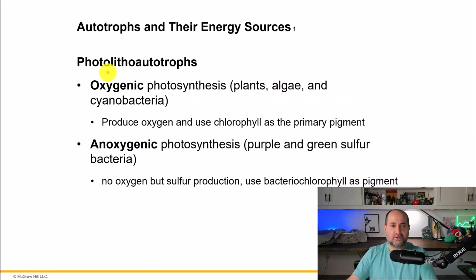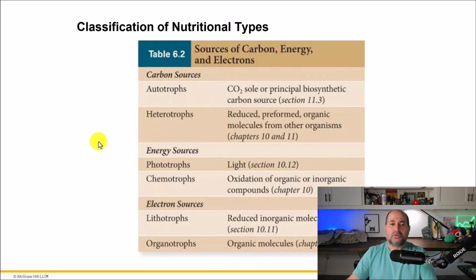A phototroph is an organism that gets its energy from light. Litho means an organism that gets its electrons from an inorganic source. And auto means an organism that gets its carbon from CO2. So photolithoautotrophs, that's the way they work. That's where they get their energy, their electrons, and their carbon. Isn't that neat? So when you see these big long terms, that's what it is. It's basically an amalgamation of all these different terms here.